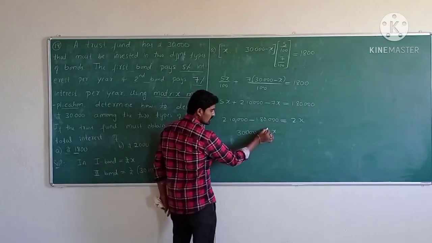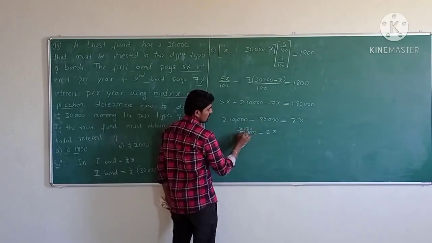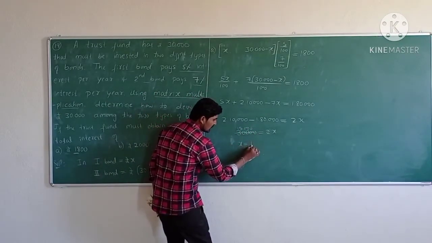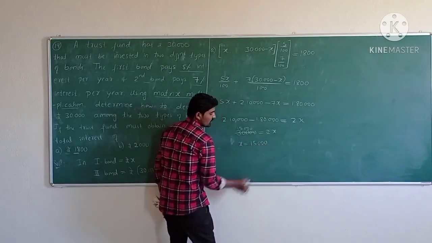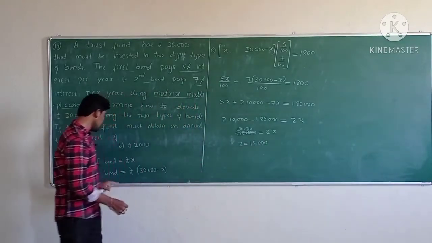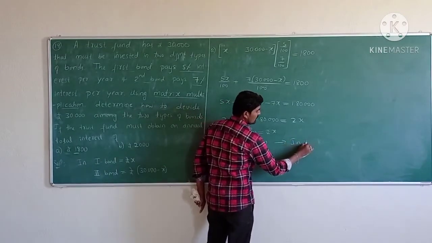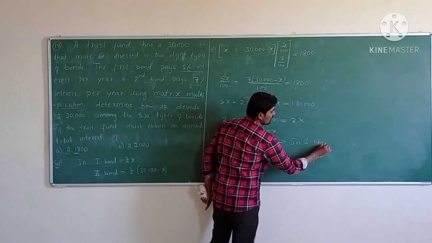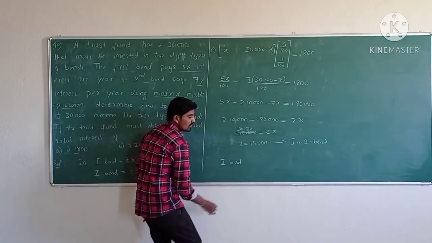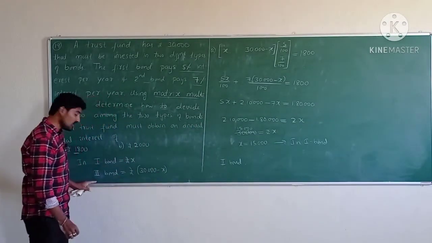Therefore, the value of x is 15,000. Hence, 15,000 rupees is invested in which one? In the first one. And now for the second one, 30,000 minus x rupees is invested in the second one.